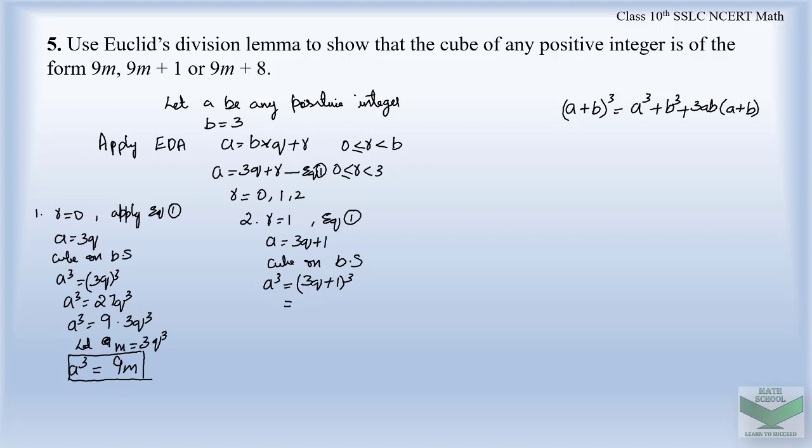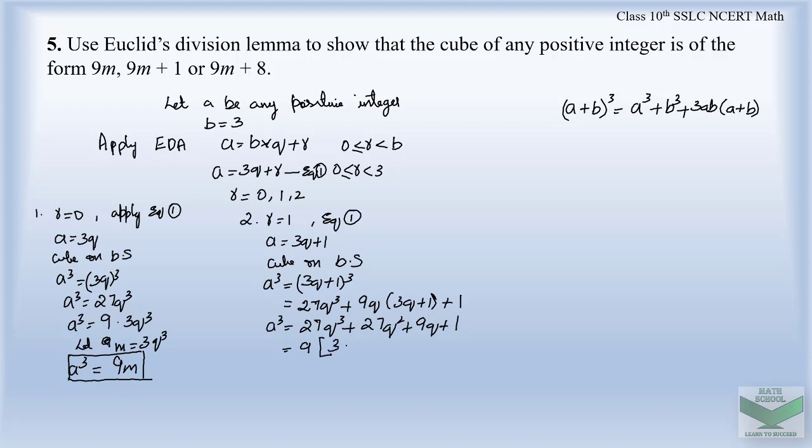So 3q cube is 27q cube plus 3ab, 3 3s are 9, so 9q square, a plus b is again 3q plus 1, and b cube will be 1. So opening the brackets we will get 27q cube plus 27q square plus 9q plus 1. Now let us take 9 common here.